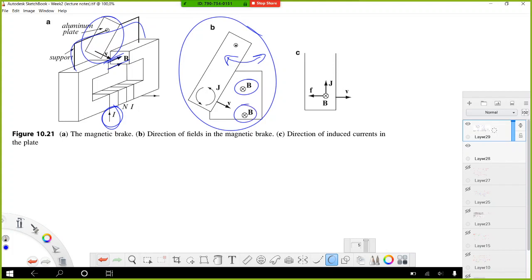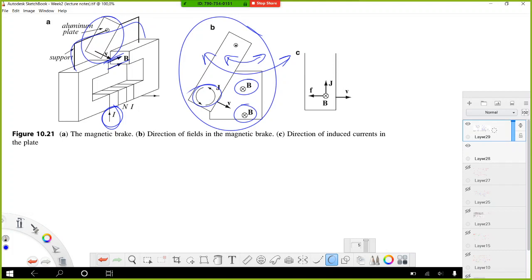If there is some magnetic flux density B, which is constant, and our plate is moving in this magnetic field, then because of Faraday's law of induction, some current occurs.